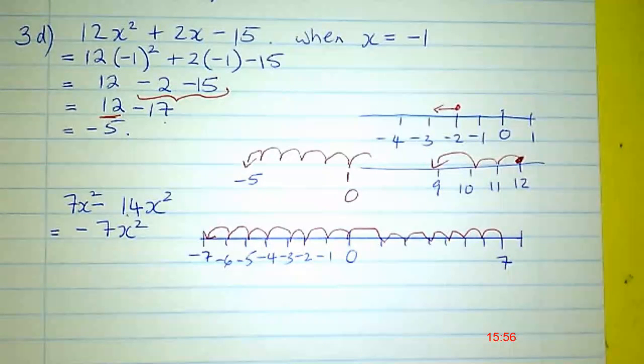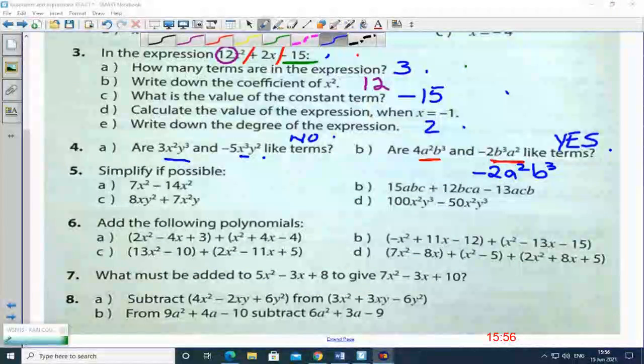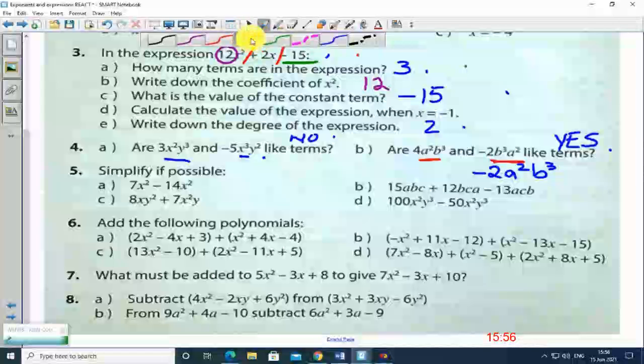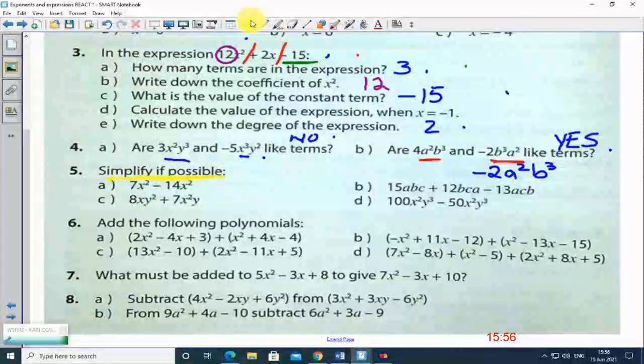So let's go back to the questions again. My answer here is that, you see, the question said "simplify if possible." What do they mean by that? Well, they're bringing to your attention that you can't always add and subtract. Again, you can only add and subtract like terms. So could we add and subtract x?